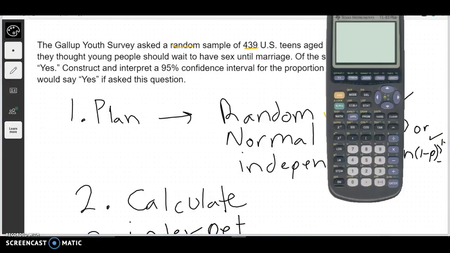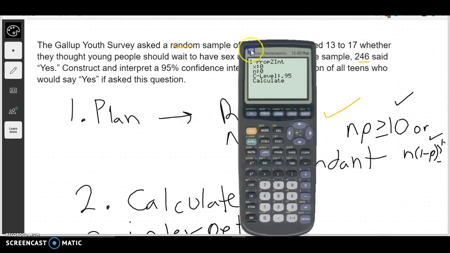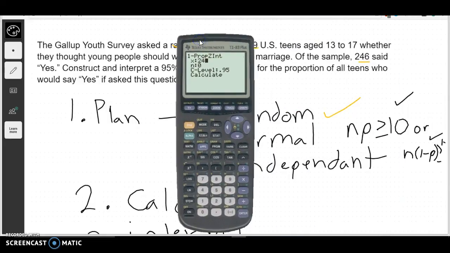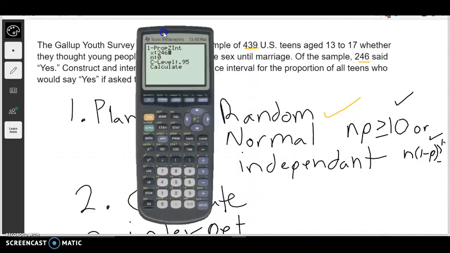From here on out, I would not calculate these things by hand. That takes a long time, and we have calculators. So I'd go to stats, go over to test, go down to, we are dealing with proportions, so 1-proportion z interval. We have 246 successes out of 439 people, and we want a confidence interval of 0.95.